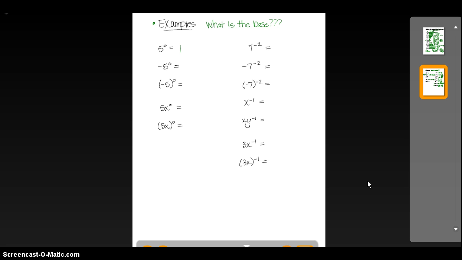But in negative 5 to the 0 power, which we can also read as the opposite of 5 to the 0 power, my base is actually 5. And that negative sign comes from multiplying the result by -1, just like saying the opposite of.